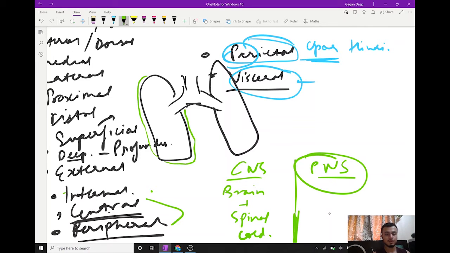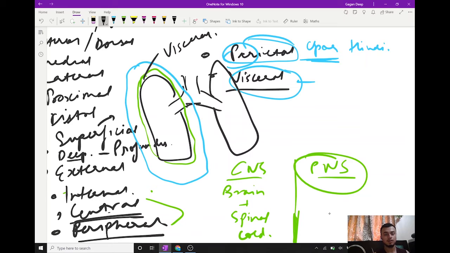I'm gonna cover this, then there will be this. See, I've drawn two layers which are covering the lungs. The first one, which is covering, is known as visceral, and the second, which is covering it from outside, is known as parietal. It is attached to the thoracic cavity.